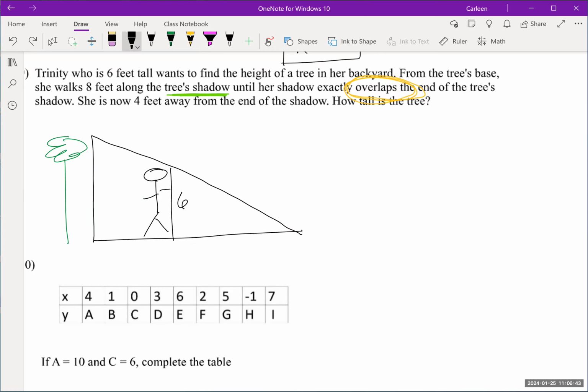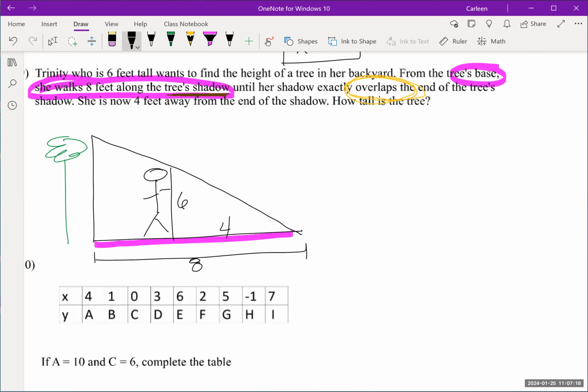That's the 4. Okay. Now, what number is going to go right here? Yeah, that's the 8, right? From the tree's base, she walks 8 feet to the tree's shadow. So this whole thing is 8.